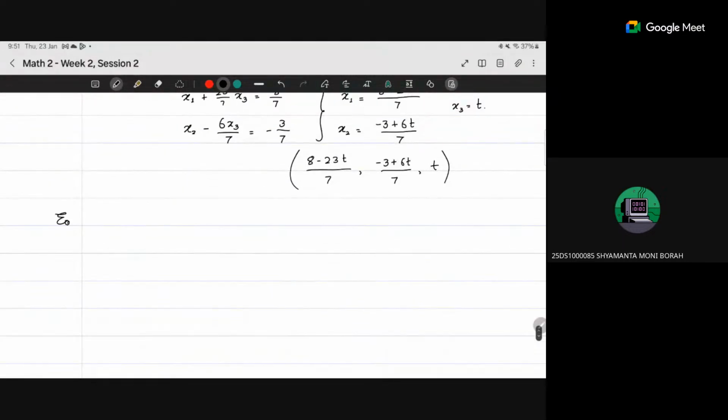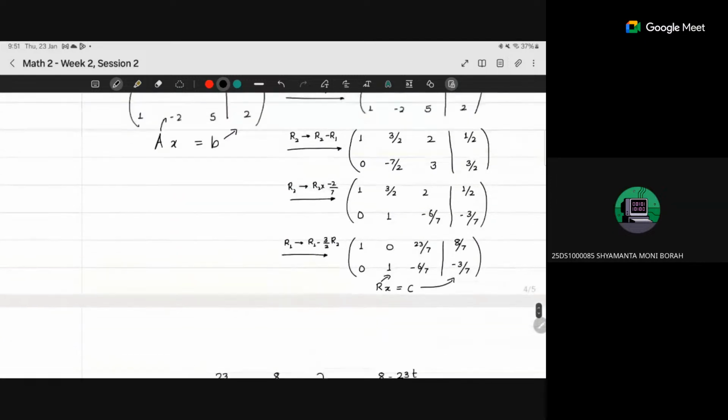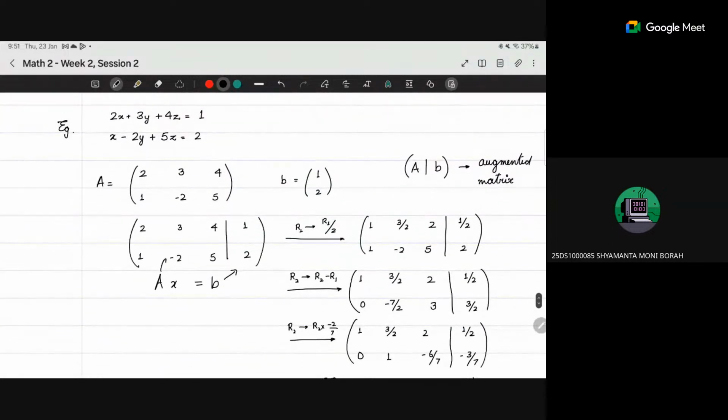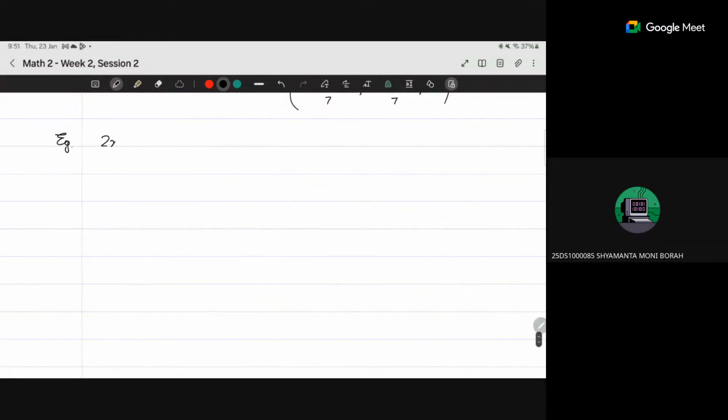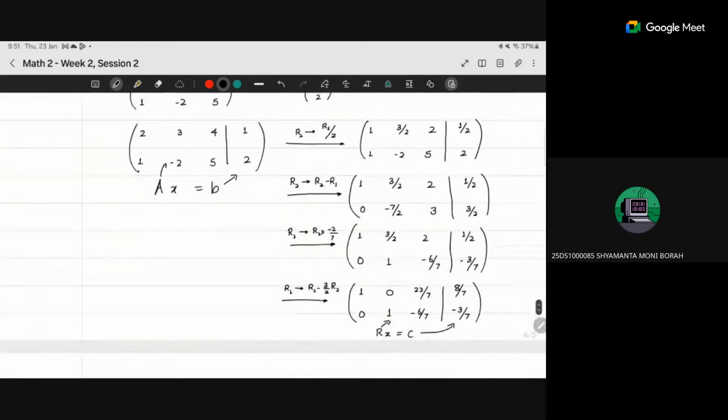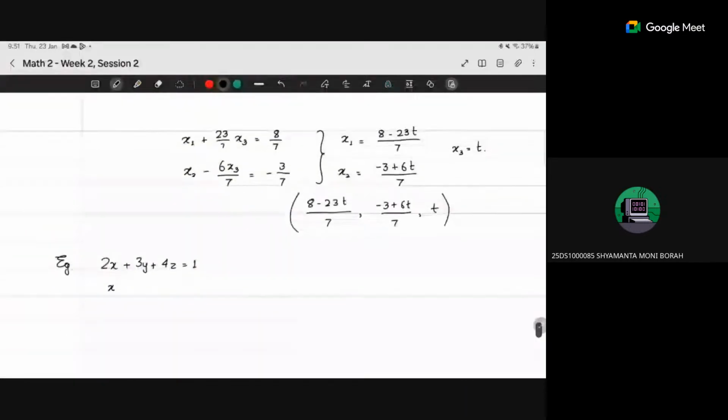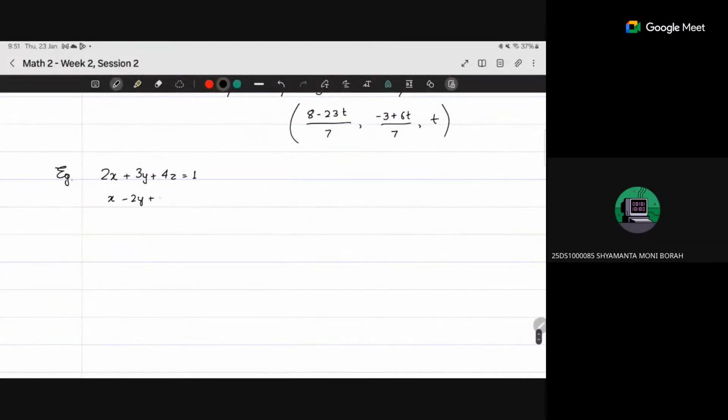So let's take, for example, this system: 2x, 3y, 4z, 1; 2x, 4z, 1; x minus 2y, 5z. If not for Gaussian elimination, how would you go about solving this? Let's call this equation 1, equation 2.